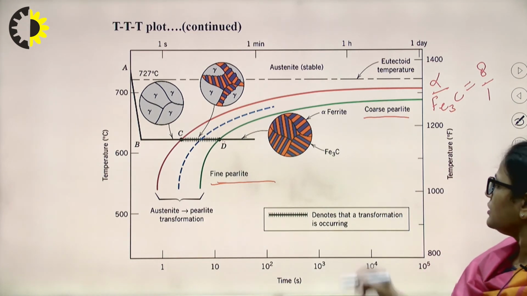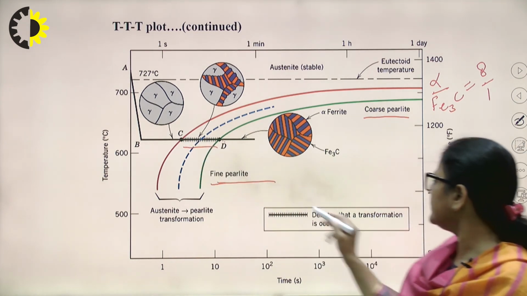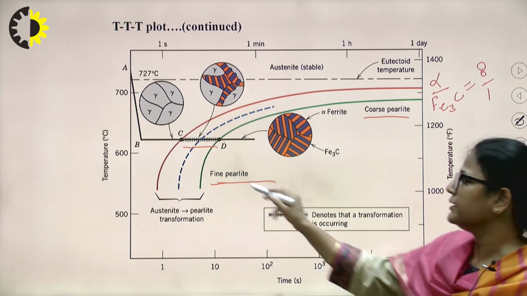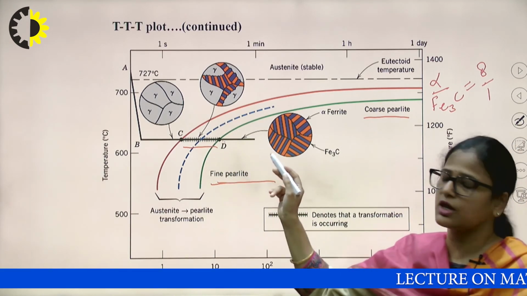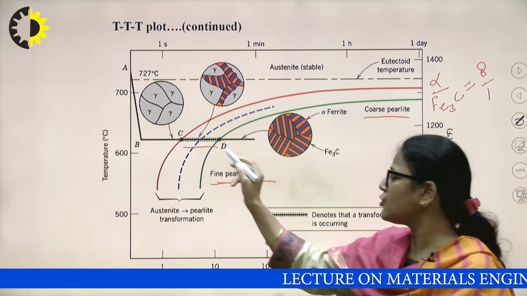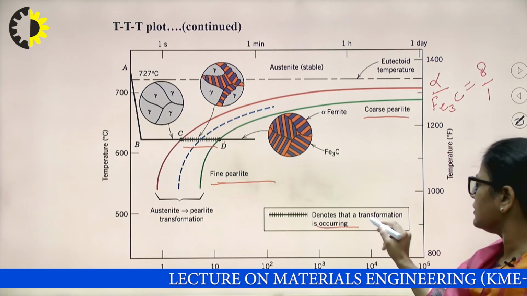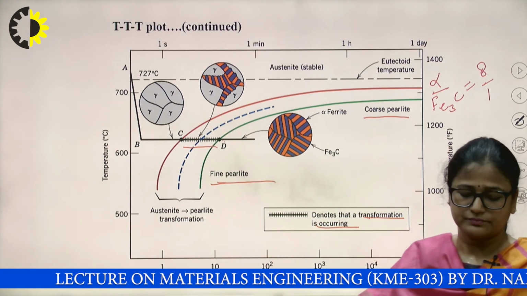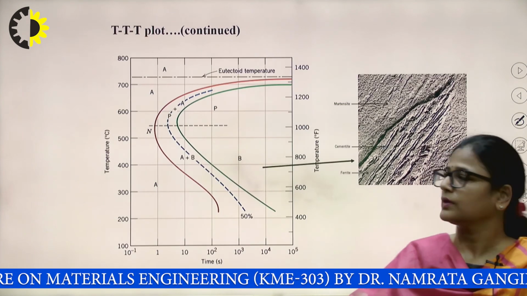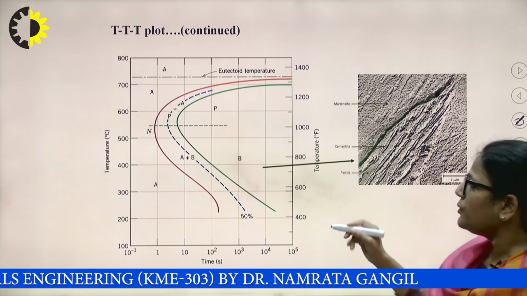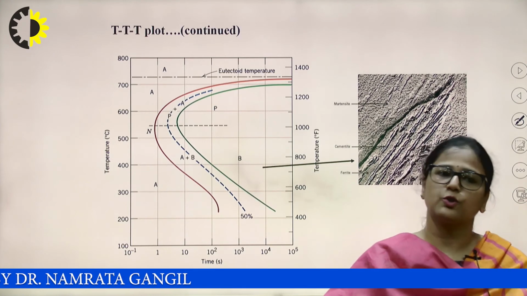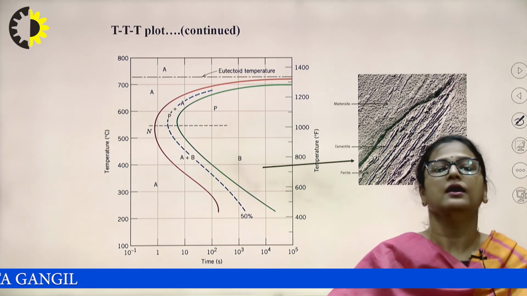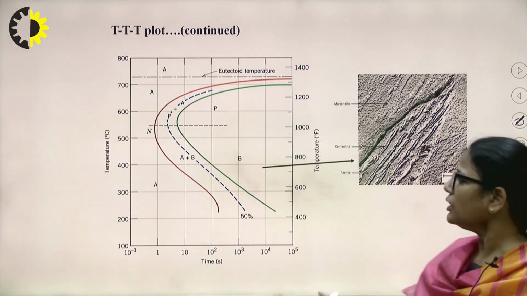Now this line is showing the transformation is occurring. So in between these red and green transformation curves, a transformation is occurring. So apart from pearlite, some other macro constituents also exist in the TTT plot.